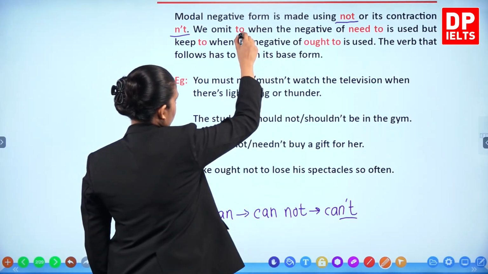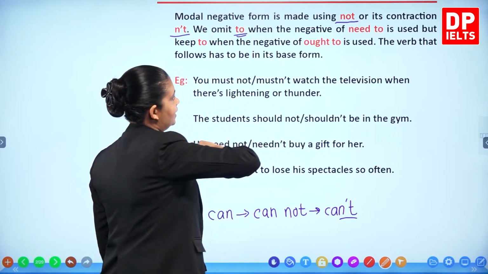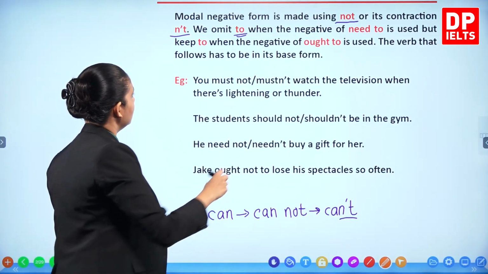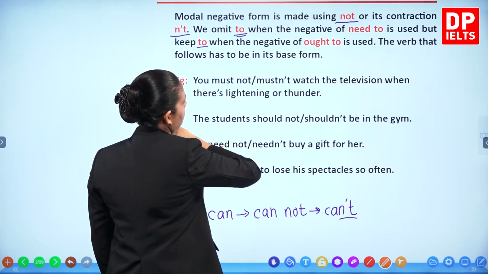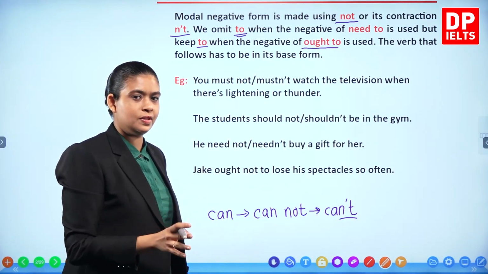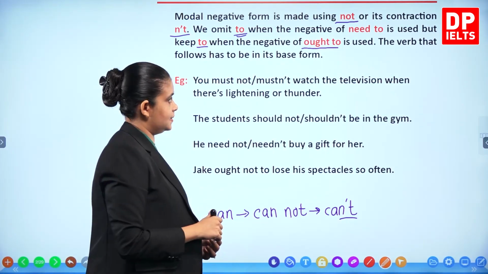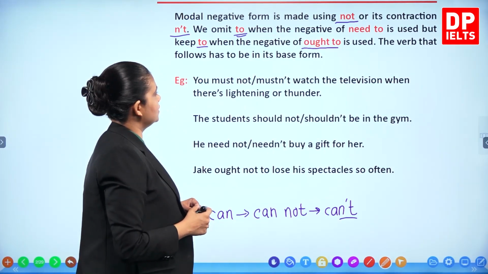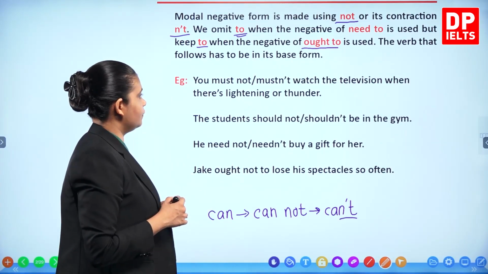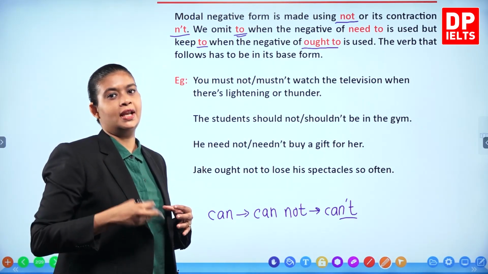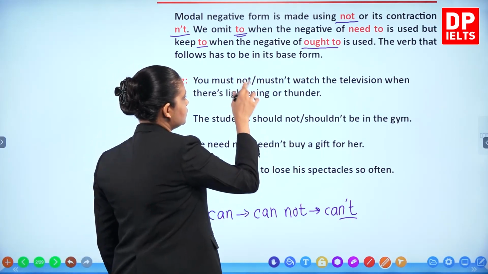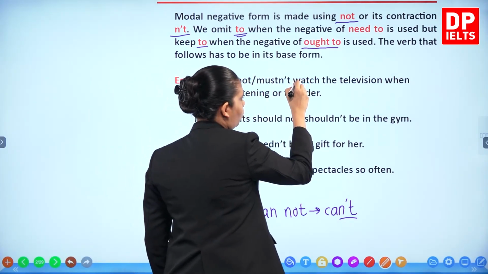We omit to when the negative of need to is used, but keep to when the negative of ought to is used. Let's have a look at some examples and then I'll explain what it means. The verb that follows has to be in its base form. You must not or mustn't watch.